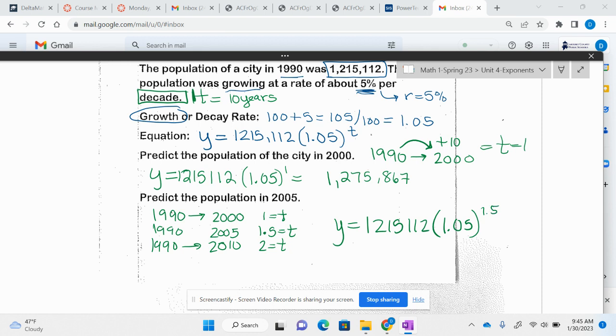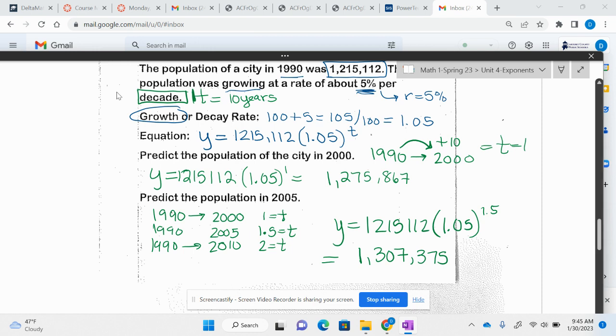I need to put that into my calculator, and when I do that, I end up with 1,307,375. So that's my population in 2005.